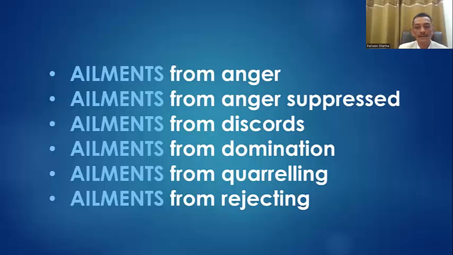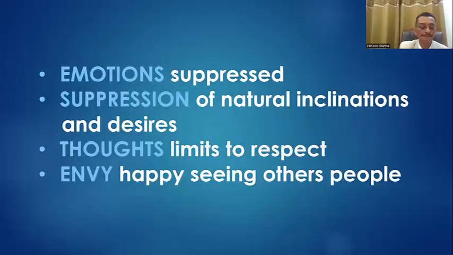She feels rejected by her family. She starts suppressing her emotions and natural desires. She puts a limit on her emotions, thoughts, and desires. She feels envious when seeing other people enjoying their life.